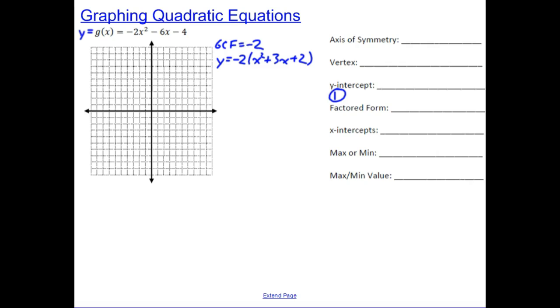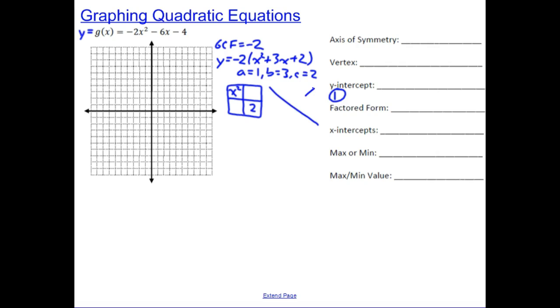So I'll use our box method. I can see that a equals 1, b equals 3, and c equals 2. So drawing in my box, I place the x squared term in the upper left and my constant term in the lower right.